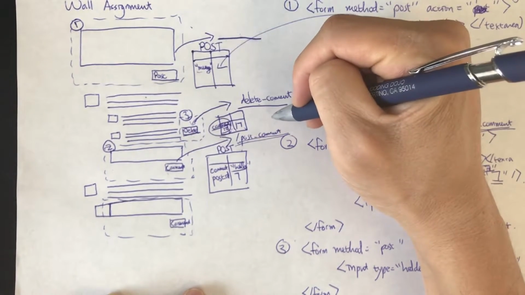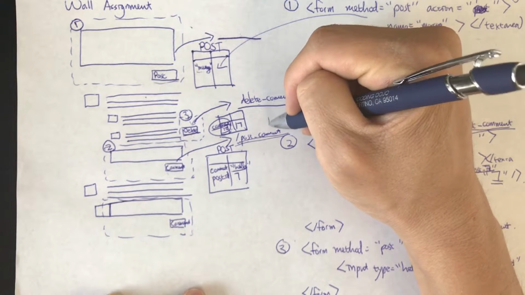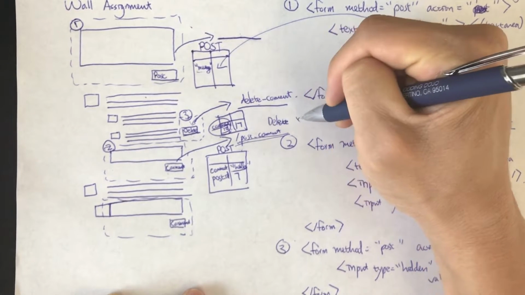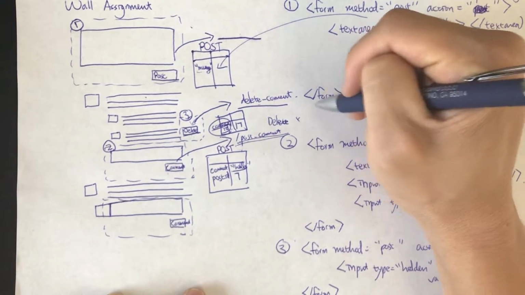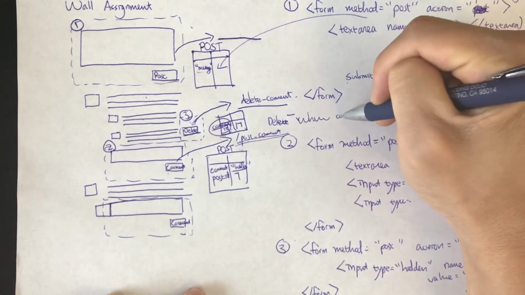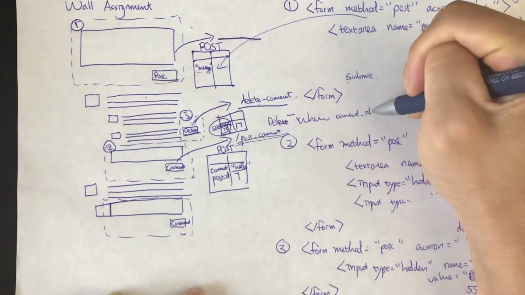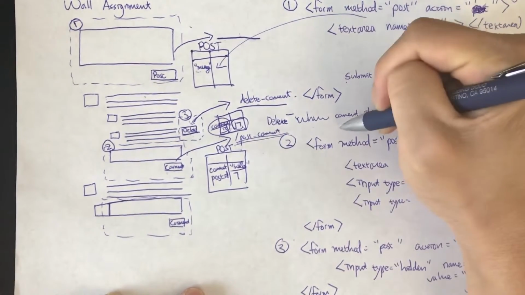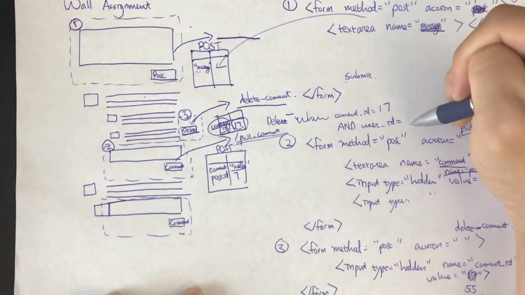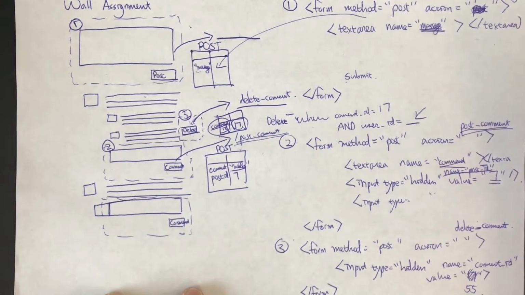Or another way you can do it is you can say, hey, I'm going to pseudocode here, delete the record in comments where comment ID, in this case, is 17, and user ID is whatever is stored in your session.